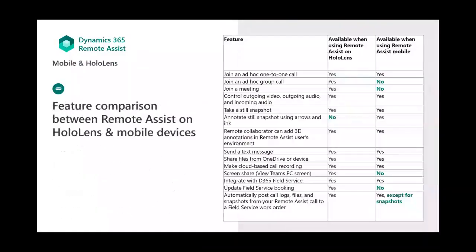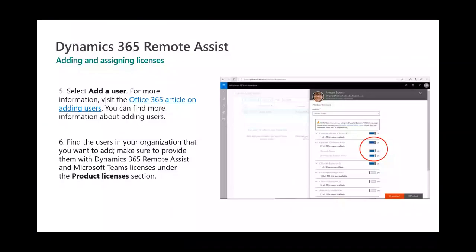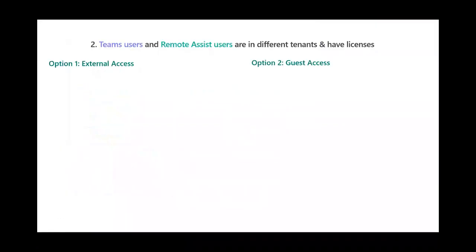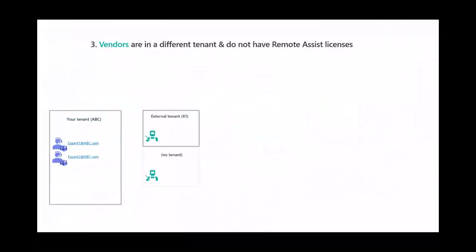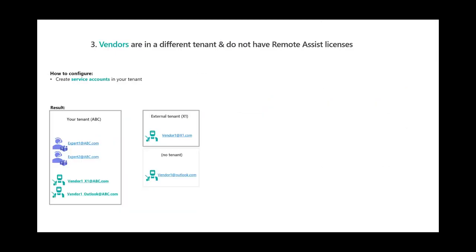Yeah, so just to go through the deck, it seems like the scenario that you mentioned is this third one here. Either the external tenant would need to assign Remote Assist licenses to users in their tenant, or in your own company, let's say ABC, you can set up service accounts in your tenant and provide those service accounts to the external user.